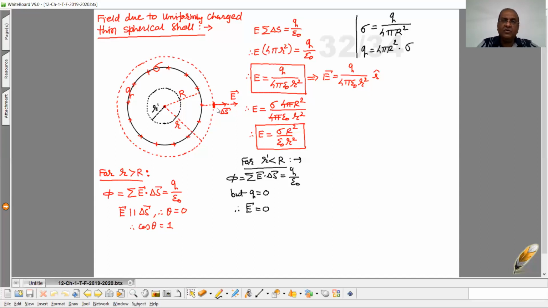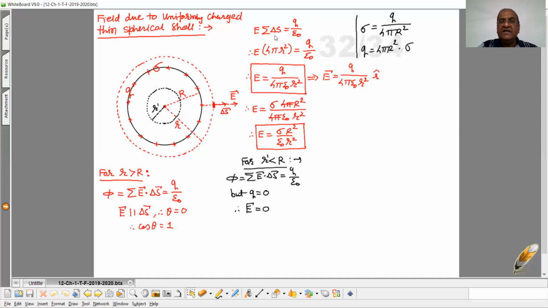E will be the same, because each and every point on this particular Gaussian surface is at the same distance, small r, from the center. So due to this spherical symmetry, the field will be the same at each and every point. So we can write flux passing through this Gaussian surface as E sum of delta S. But as per Gauss's theorem, it is Q upon epsilon 0.